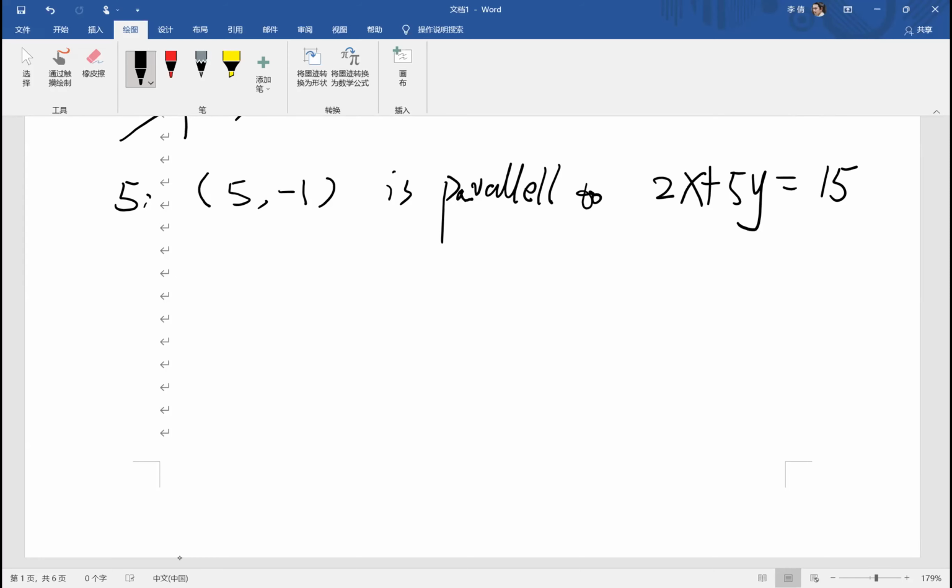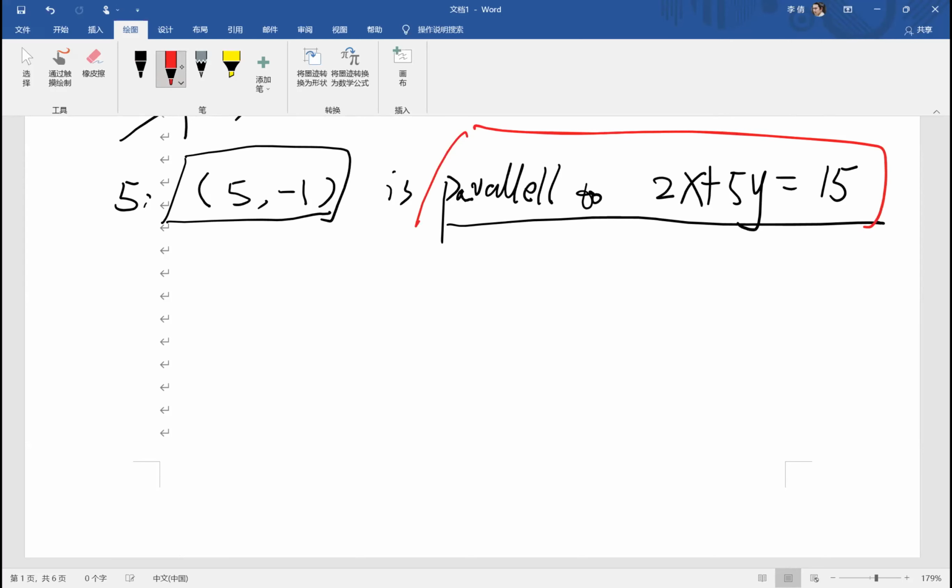If we know the line passes through this point and is parallel to this line, parallel means the slope of the line is equal to the slope of this line, right? So from this equation we can get the slope of this line. Let's first compute the slope of this line.